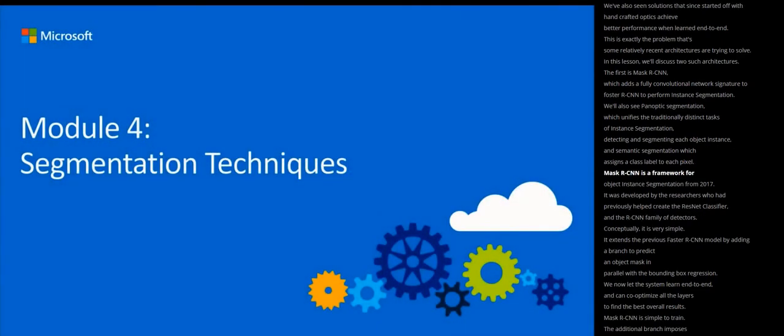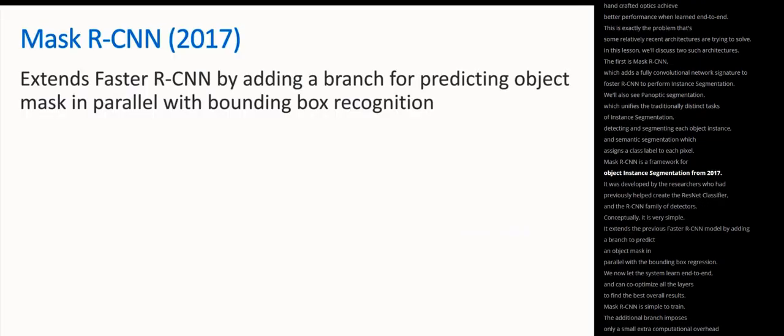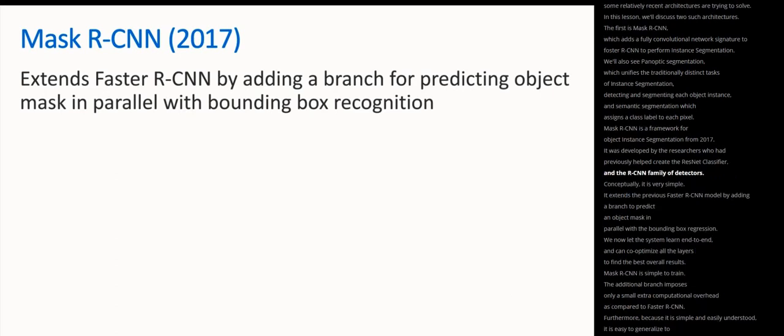Mask R-CNN is a framework for object instance segmentation from 2017. It was developed by the researchers who had previously helped create the ResNet classifier and the R-CNN family of detectors.